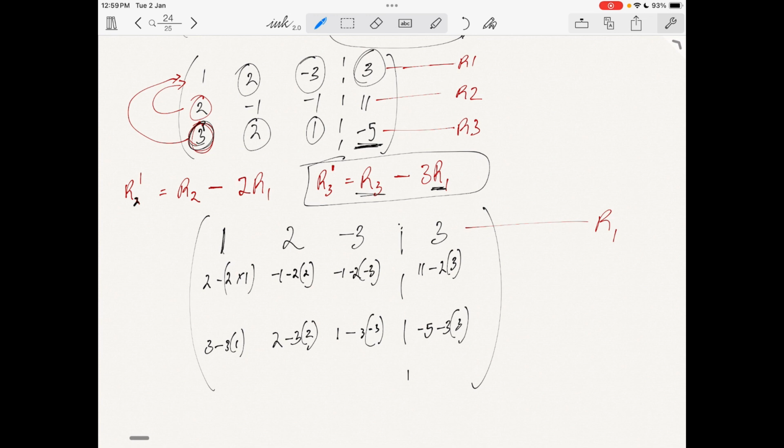So we can now rename these to be our row 2 prime and row 3 prime.